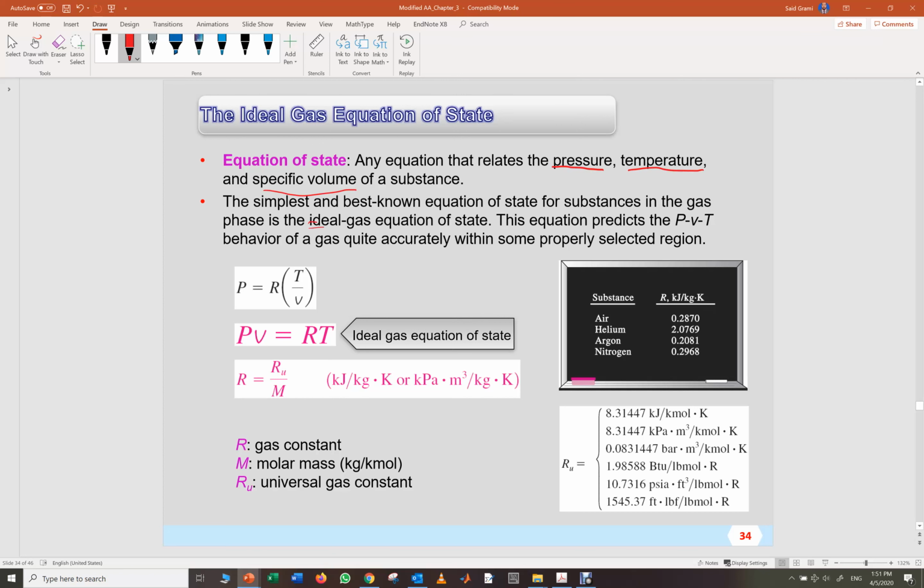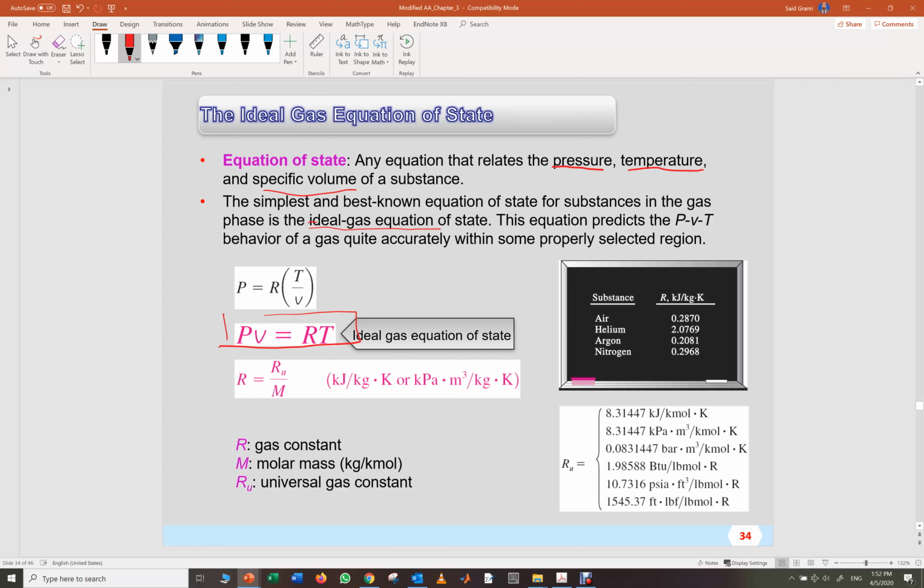This equation predicts the PVT behavior of a gas quite accurately within some properly selected regime. For the ideal gas, we have P equal to R multiplied by T over V, where V here is specific volume. So P multiplied by the volume is RT. This is the ideal gas equation of state.